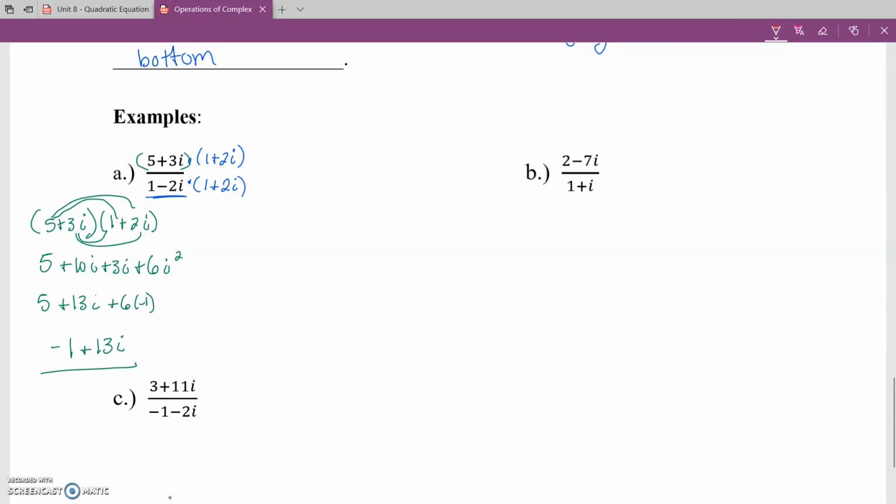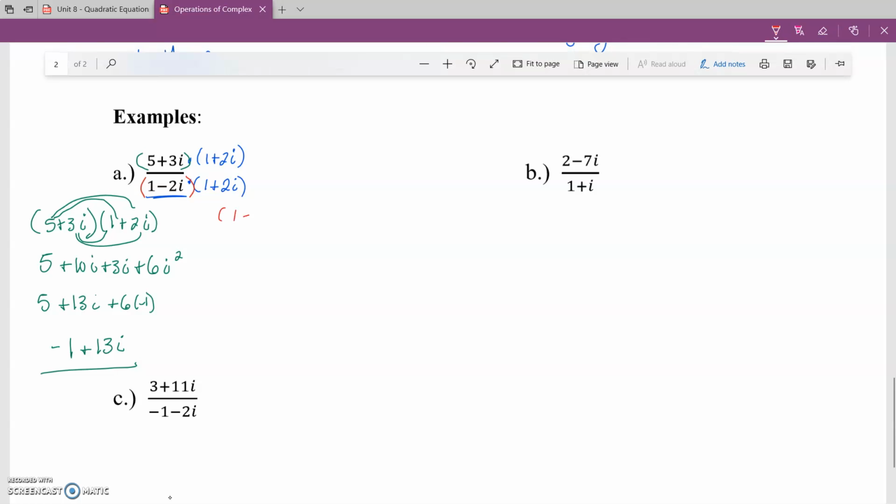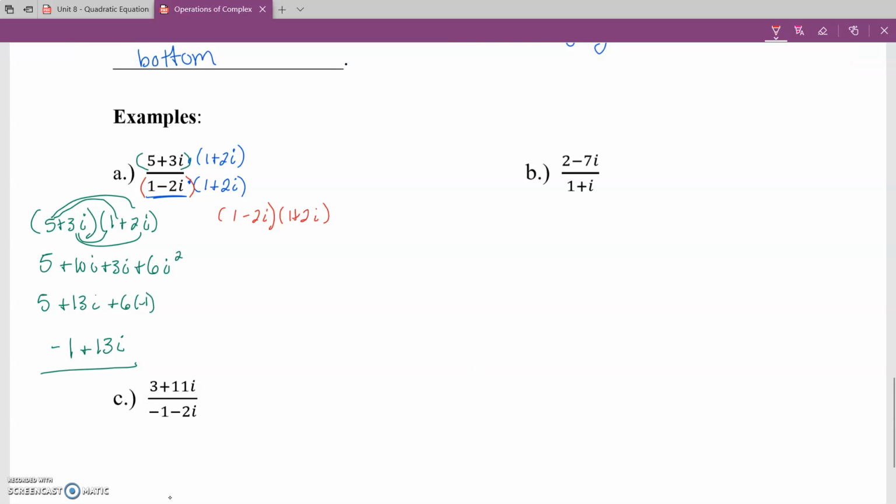And then let's do the bottom in red. I have 1 minus 2i, 1 plus 2i. I get 1 plus 2i minus 2i minus 4i squared. 2i minus 2i cancels.